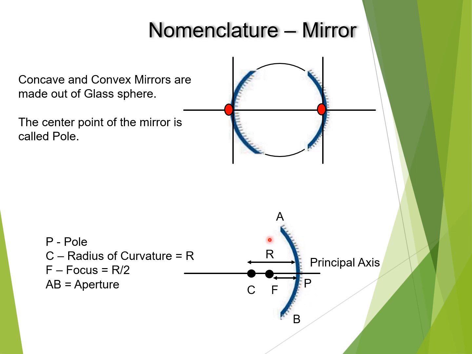Then the radius of the circle from which the mirror is made out. For example, this mirror is made out of this glass sphere.